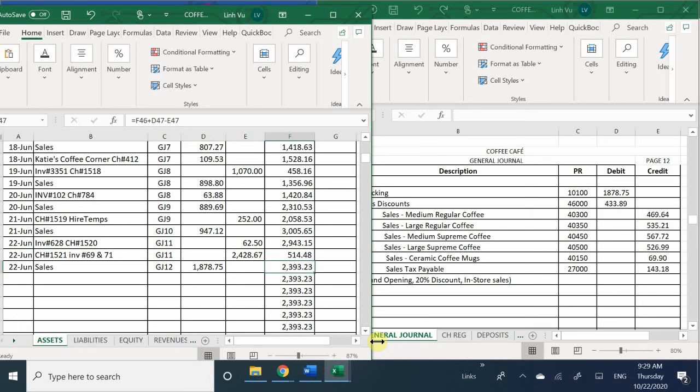Okay, so I have 2393.23. So hold on, Mia, did you find your mistake already? I believe so. For invoice 6971, I put 27 cents. I found it. Okay, perfect.